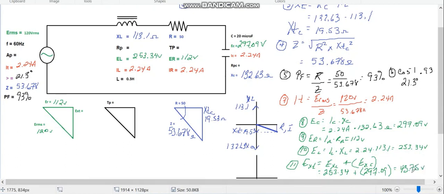It's just a vector sum of the two, and since they're 180 degrees out of phase with each other, we just subtract them. So 43.75 volts we put right there. And given the drawing, we would consider that to be capacitive.